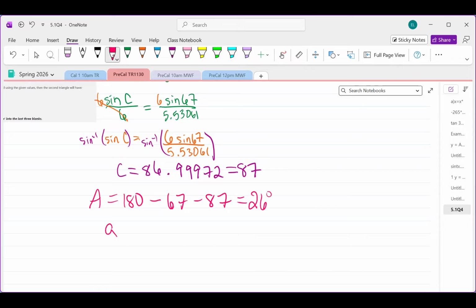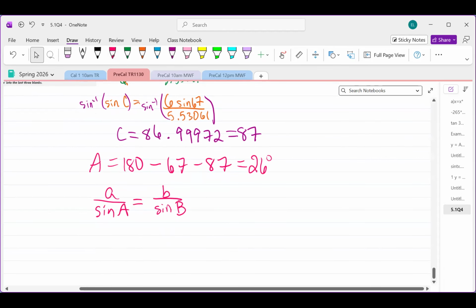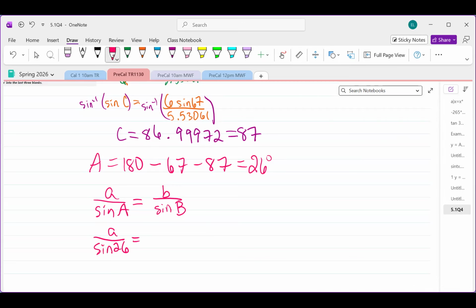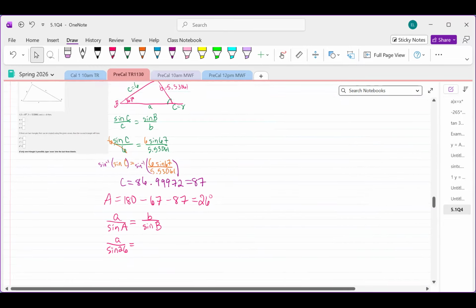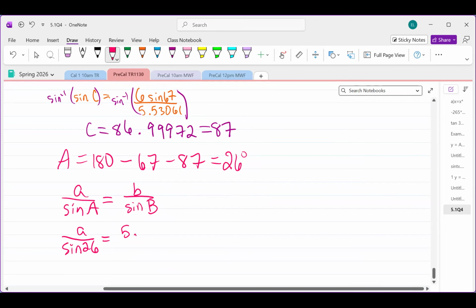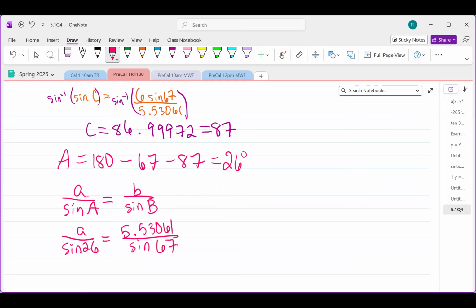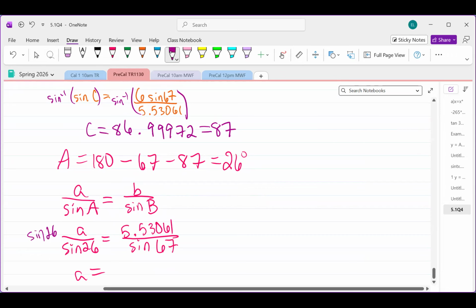And now I'm going to calculate side A from the sine of A, and I'll use the B's. 5.53061, because of course. So we're going to multiply by the sine of 26.